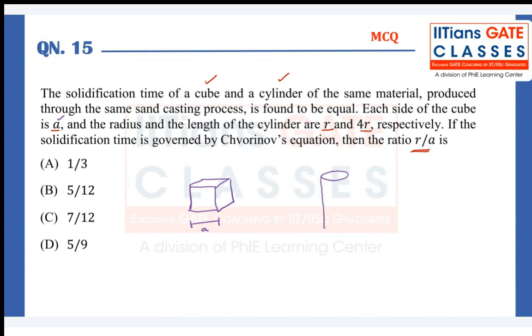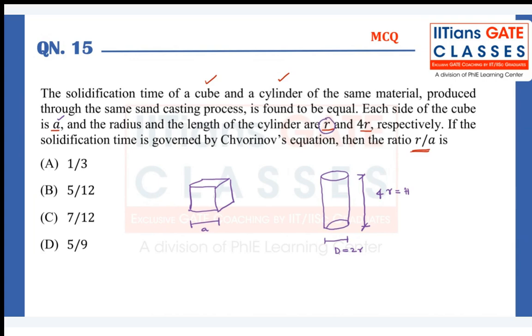This cylinder's height is 4R, so we can say it is H. Its diameter D is equal to 2R, because they mention the radius of the cylinder is R, so the diameter is 2R.